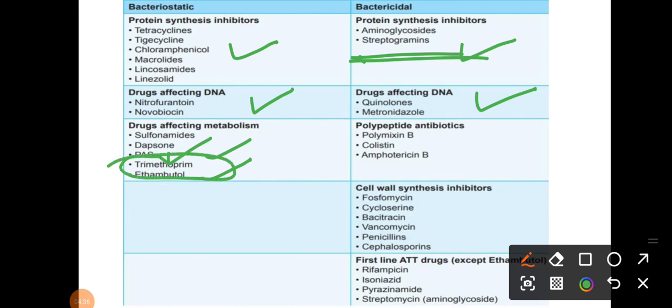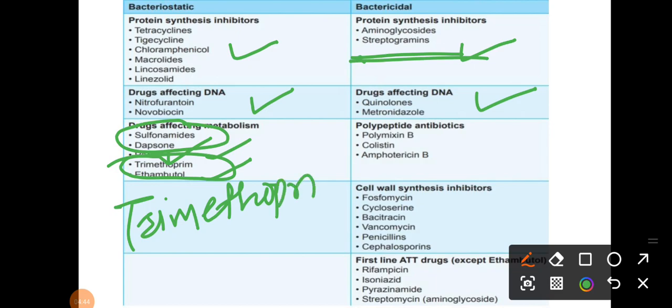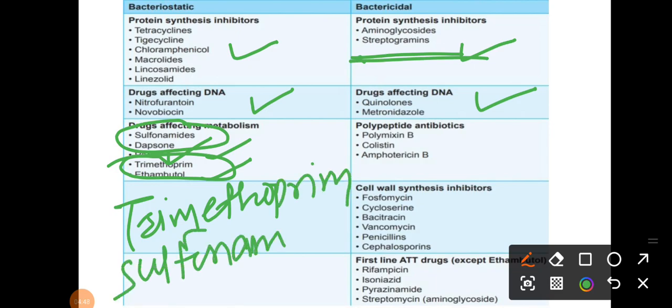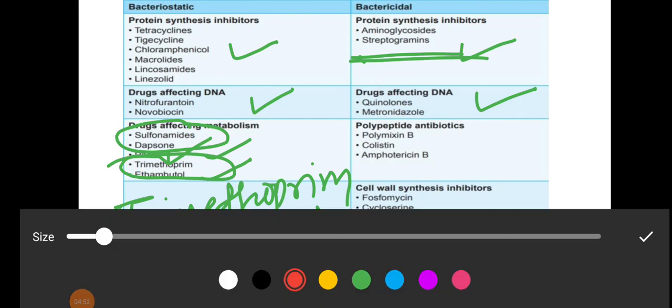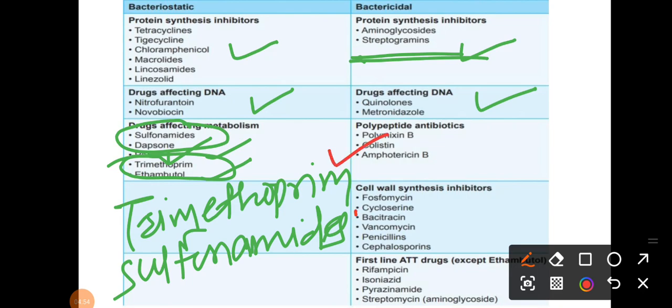Trimethoprim and sulfonamide, these two drugs alone are bacteriostatic in nature, right? But the combination of trimethoprim and the sulfonamide sulfamethoxazole is known as cotrimoxazole, and that is bactericidal.